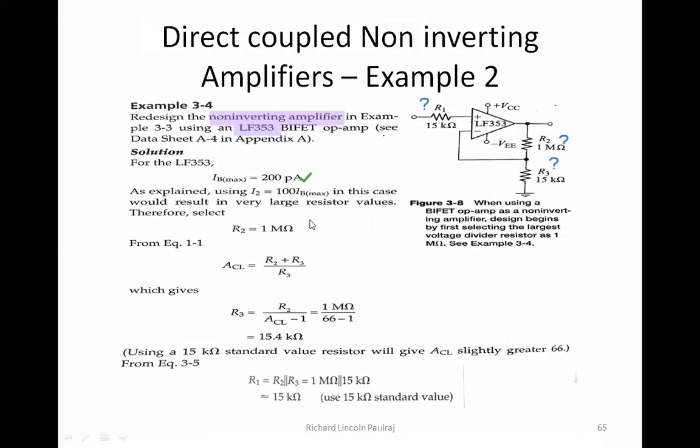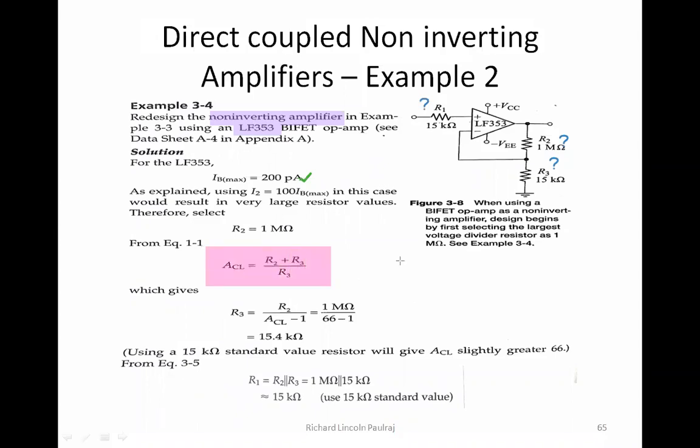So we select the standard value. Remember, we were discussing that generally we will take R2 as 1 mega ohms. We start off with 1 mega ohms. And we also know ACL. This is another important formula, please make note of it, you will be needing it.